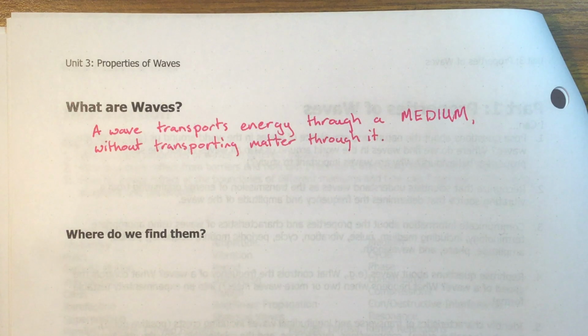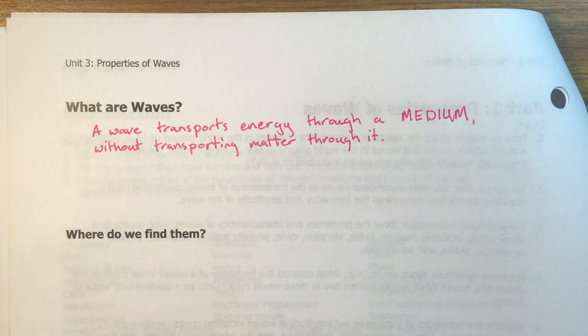Okay, when we think of a sound wave, what we hear is we hear energy. Right? There's energy from a sound source. It travels through the air to our eardrums, where our eardrums are moved by the energy of that wave.